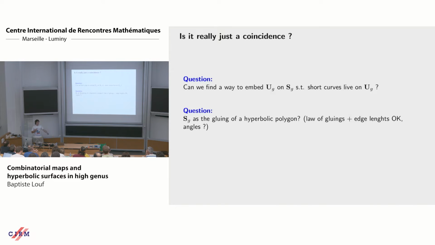So you can rephrase this question as, if you cut along the graph, can I see my surface SG as the gluing of a hyperbolic polygon that I give you? If I give you a map, it gives you the law of the gluings, then I get the law of the edge lengths as well. There's something that's missing, and I have no guess for it: if you have a hyperbolic polygon, you also need to specify some angles.